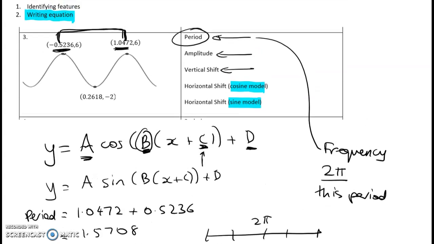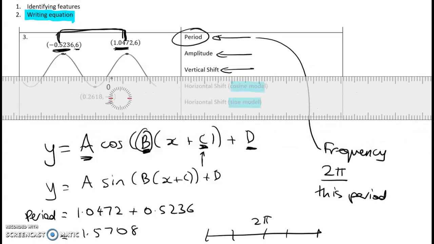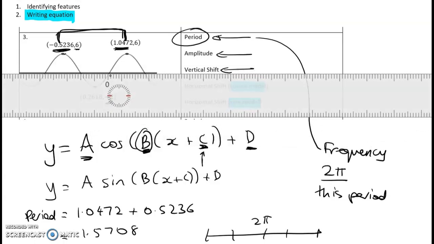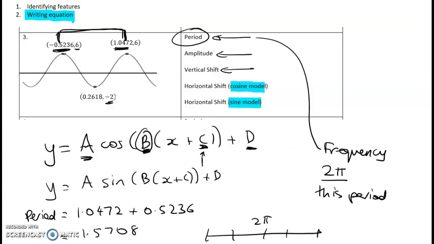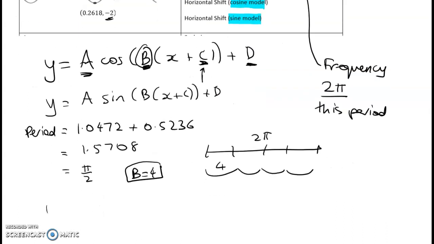Next, let's look at the vertical shift. To find the vertical shift, I need to think about the halfway mark between the 6 and the -2. If we put a ruler in there, you can visualize what's going on more easily. D, the vertical shift, will be halfway between 6 and -2, which is 2.